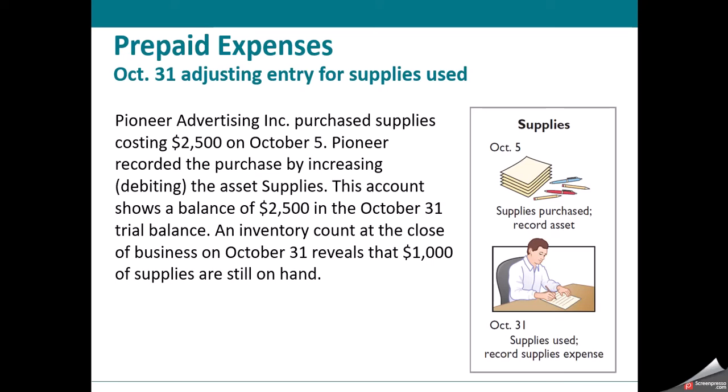So that must mean that we used $1,500. So we bought $2,500. At the end of the month, all that's left is $1,000. So we are going to have to record an entry to charge off what we used to expense. So that's our debit to expense, and then reduce the balance that's in the supplies account. So again, it started at $2,500. When we credit it, we are reducing it, which will bring its balance down to the $1,000 that's actually on hand.